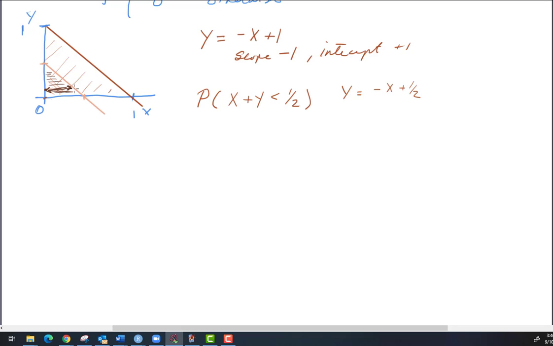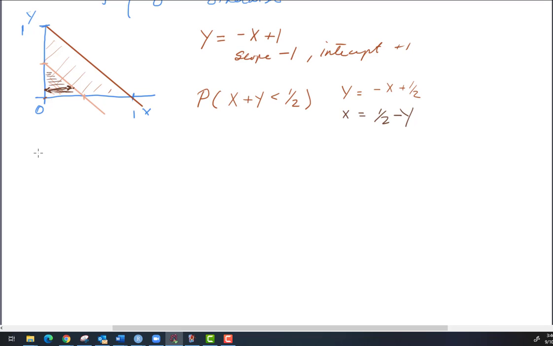That just means we need to figure out, for a point here, what's its x coordinate. So I can use this equation right here and just transform it to x is equal to 1/2 minus y.